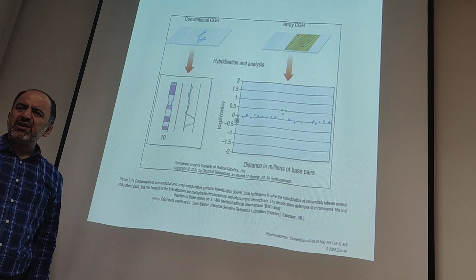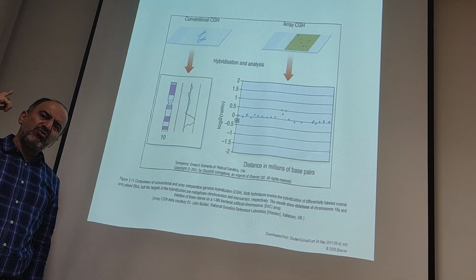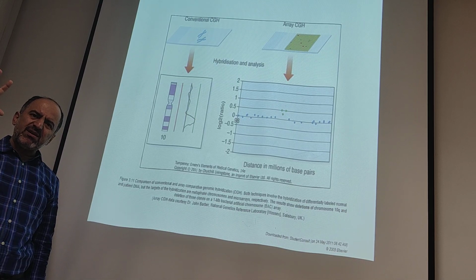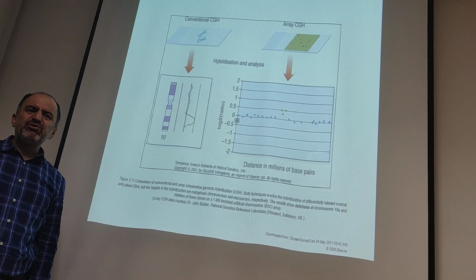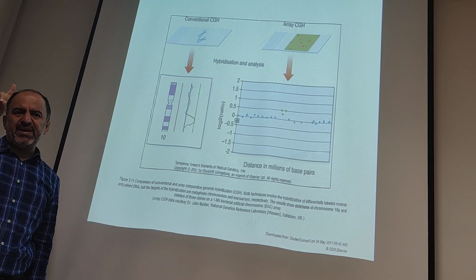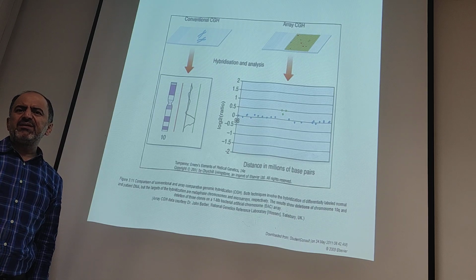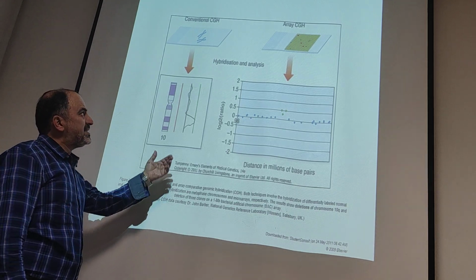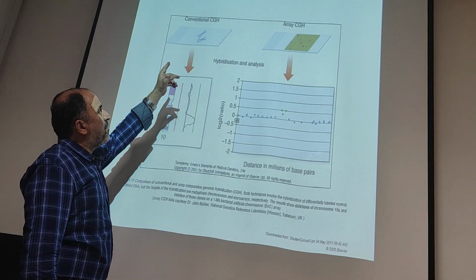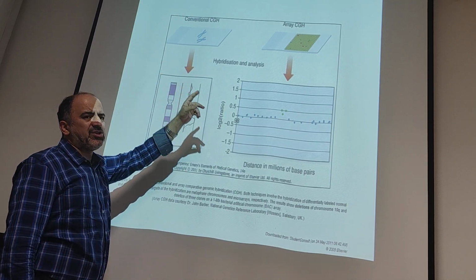In FISH, we should know which place we should look for. Based on the signs and symptoms, we can say, okay, let's go for this probe. And usually in FISH, we find only one place. Another test we can do as a molecular cytogenetic test would be CGH, comparative genomic hybridization.